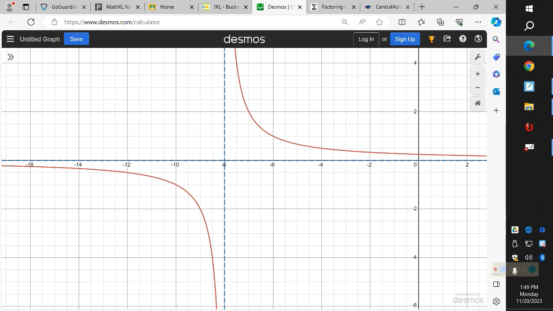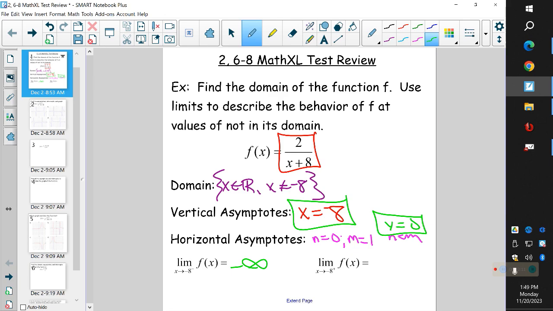I should say, as x is approaching negative 8 from the right-hand side, from the positive numbers, my y values keep growing and growing, so that is approaching positive infinity here. So that is why you're going to have that. So be very careful tomorrow whenever you're taking this test, or today.